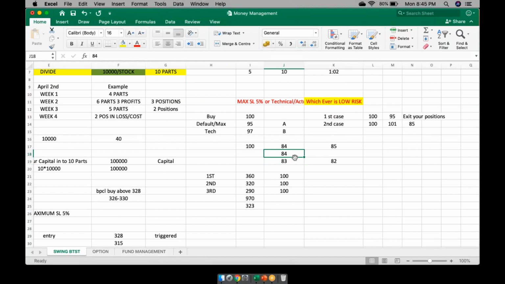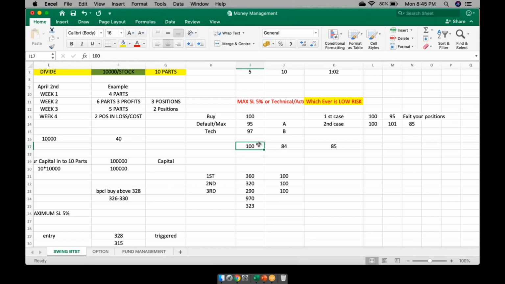That place we start negotiating with 50 paisa, 20 paisa. So exit in a market order. When you see the stop loss more than 5%, exit at the current market price. That is what I am telling. The gap down I am telling.